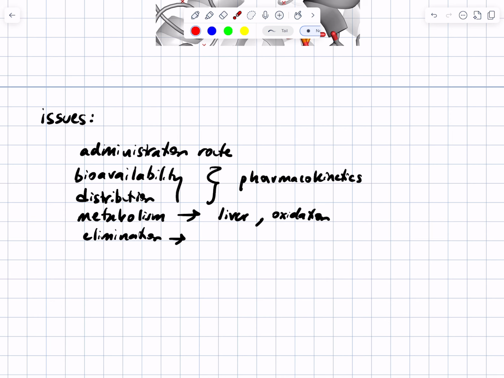I'm prepared to talk about ACE inhibitors, which are for blood pressure, beta blockers, which are sometimes for blood pressure, but also to prevent secondary heart attack and heart arrhythmia. We can talk about SSRIs, and we can talk about opioids. So we might not get to all of them. Which one do you want to do first?